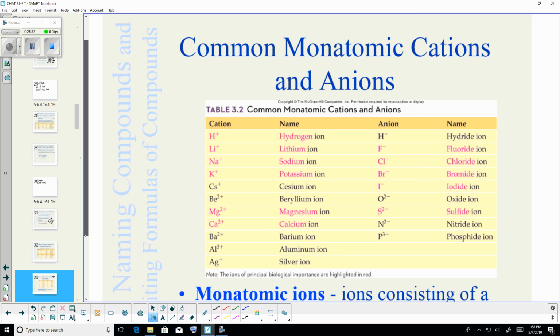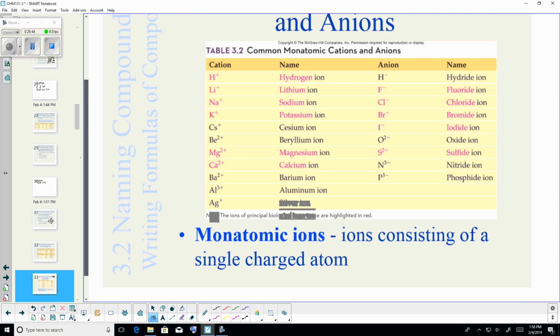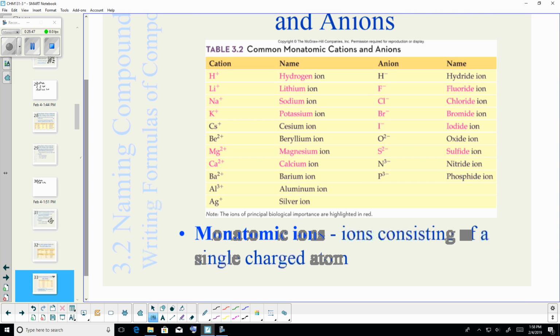So common anions and cations: H+, Li+, Na+, K+, Cs, Be, Mg, Ca, all of these are the common monoatomic ions, meaning there's only one atom, and these are the common anions.